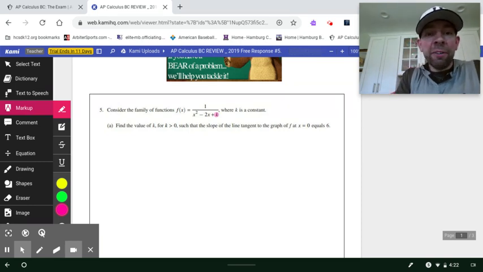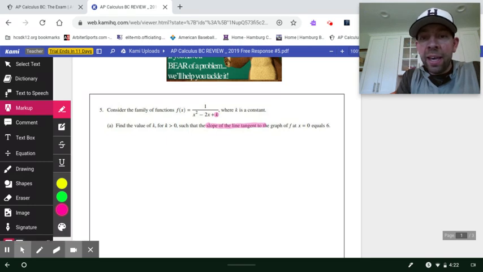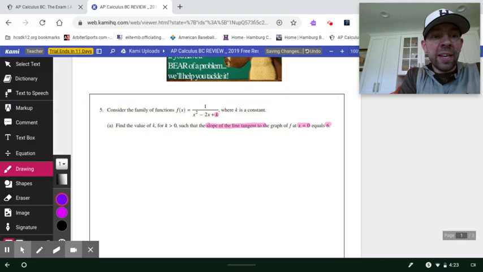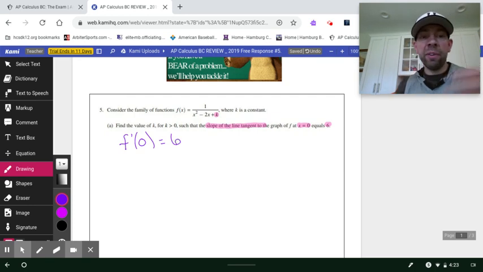But right out of the gates, they said the slope of my tangent line at x equals 0 is going to be 6. So what they're really saying in English is that f prime of 0 is equal to 6. So the derivative evaluated at 0 is going to produce an output of 6.